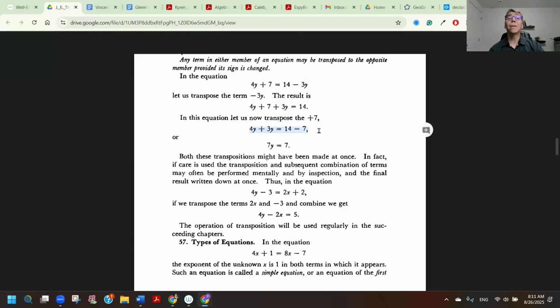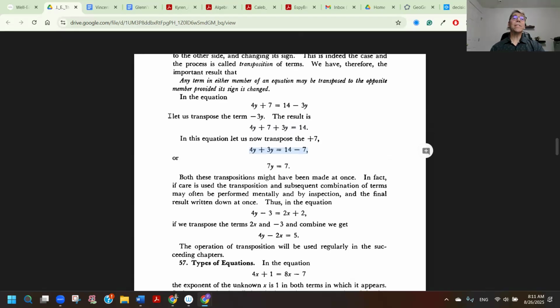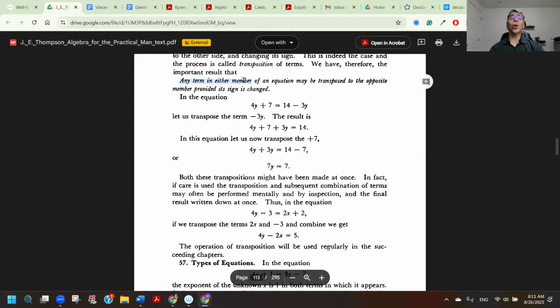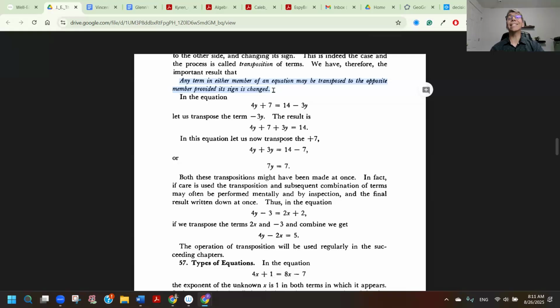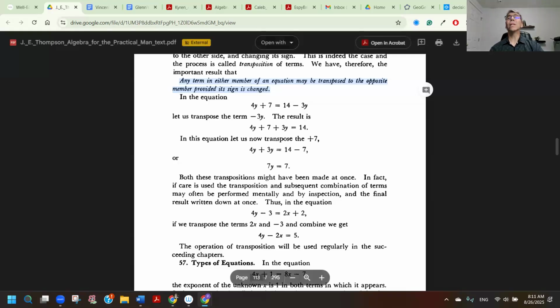Okay, this part? Yes. All right. So the principle here is: any term in either member of an equation may be transposed to the opposite member provided its sign is changed. Okay. So let's see how this works.